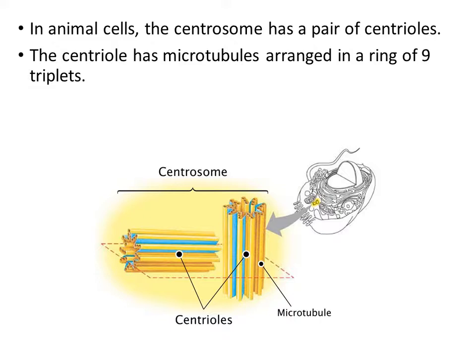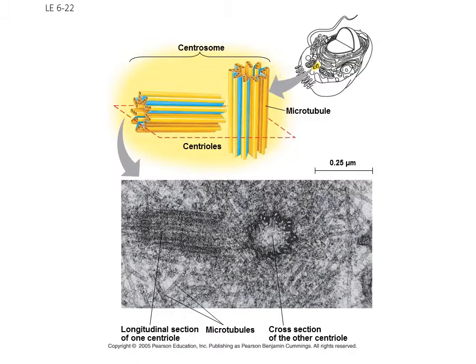The centriole has microtubules arranged in a ring of 9 triplets. This is a transmission electron microscope image of centrioles within a centrosome. Notice the 9 triplets.